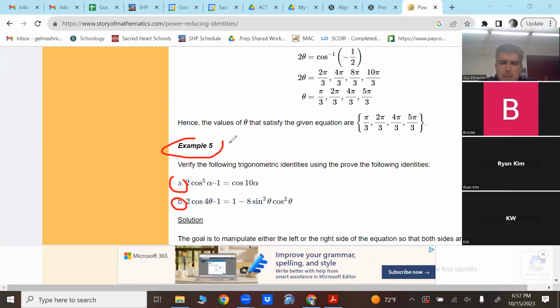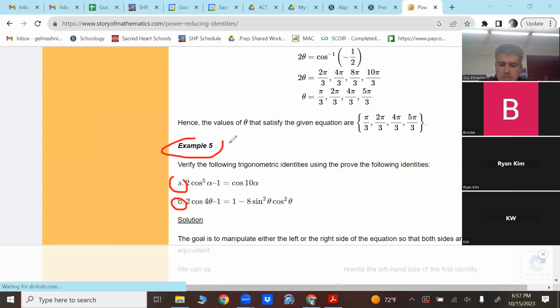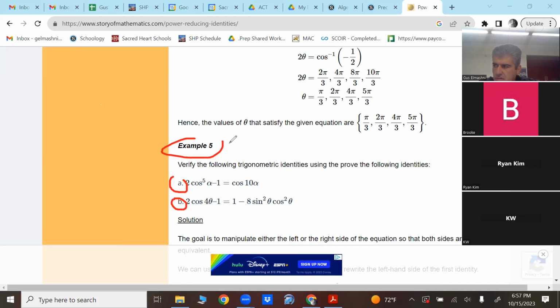So start with part A. Let's verify that identity. So would you want us to start from the left side or right side for A?